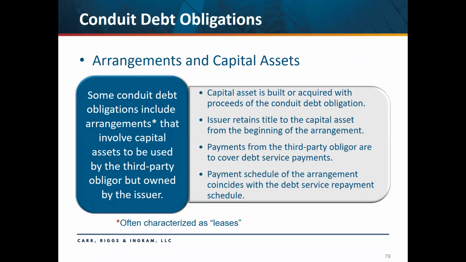A lot of times it's going to be related to capital assets built or acquired with the proceeds of the debt, or the issuer is going to retain title to that capital asset from the beginning of the arrangement. And this reminds me of a county years ago we worked on that was actually the obligor of the debt. They were supposed to be paying for it as well, but they had constructed these jails, and there was a group that was actually servicing those jails.